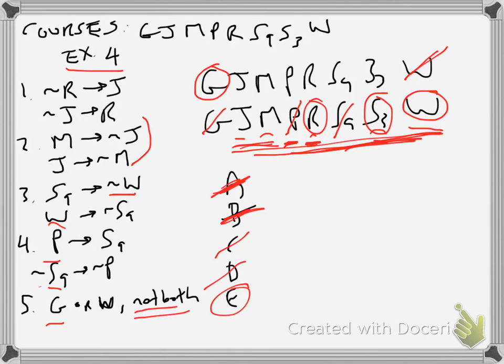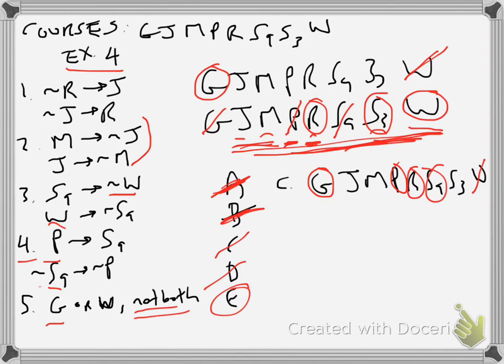Now, if you want to check it, you check it by making the sketch: G, M, P, R, S9, S3, W. And remember, we're going to be in that top option because it's saying if she takes Russian and psychology. In the second sketch, she already can't take psychology. So we have her take Russian and psychology. What happens when she takes psychology? According to Rule 4, if she takes statistics at 9, all 4 courses are chosen, and we have our answer.